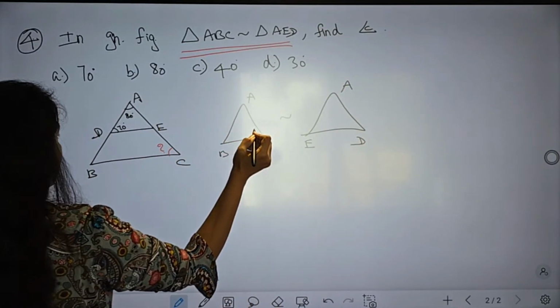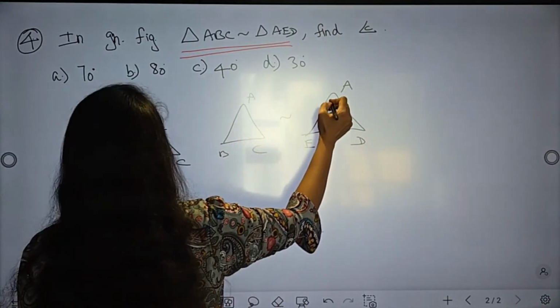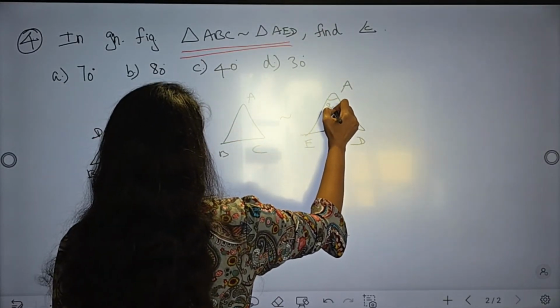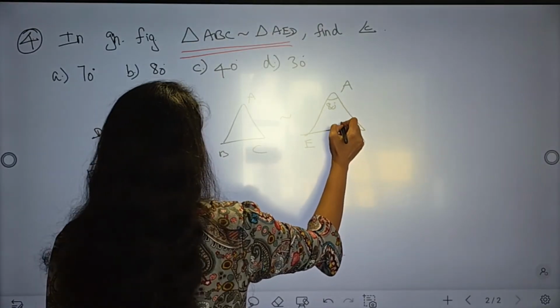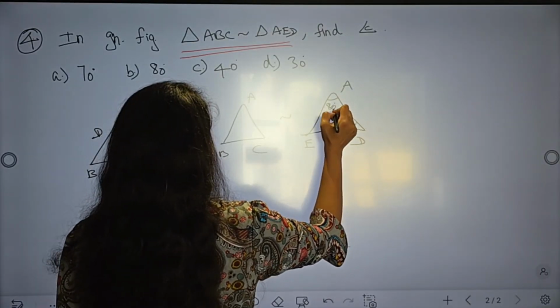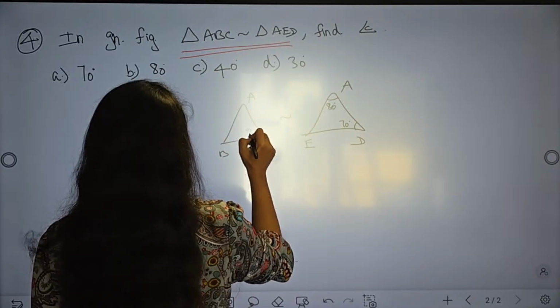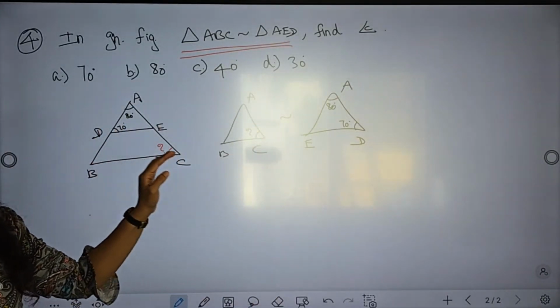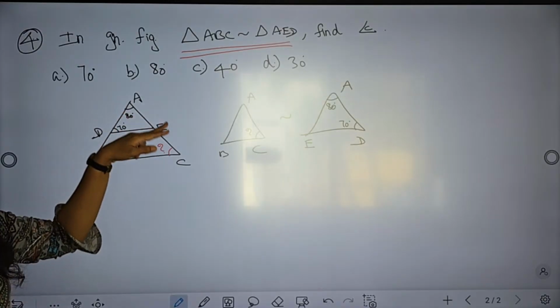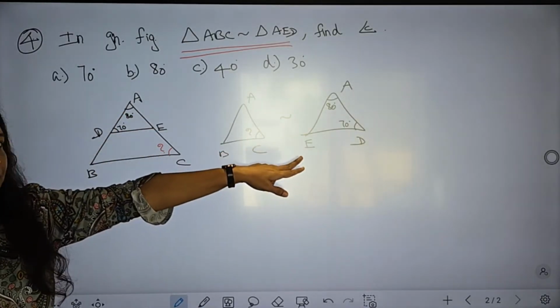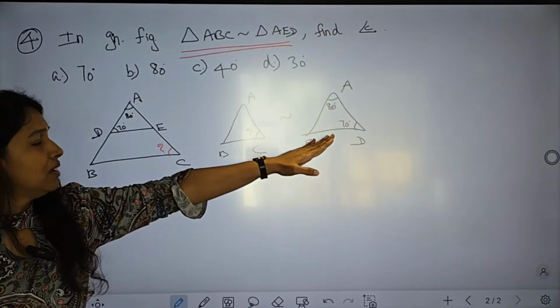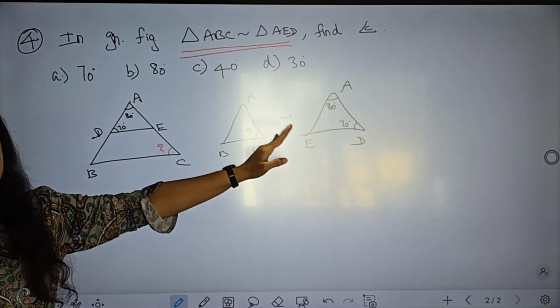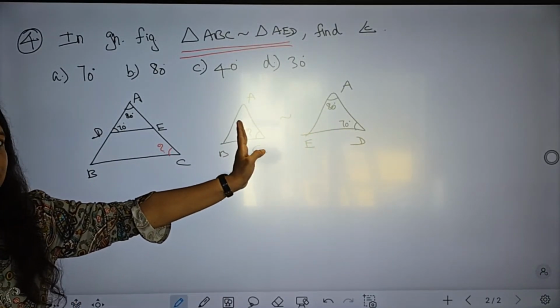So the angle A is 80 and the angle D is 70. And we need the angle C. So for better understanding, I have drawn these two smaller and bigger triangles separately. Right, so that you can view the corresponding sides or corresponding angles easily.